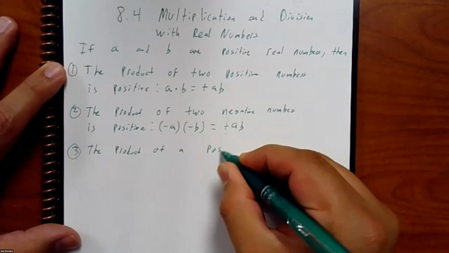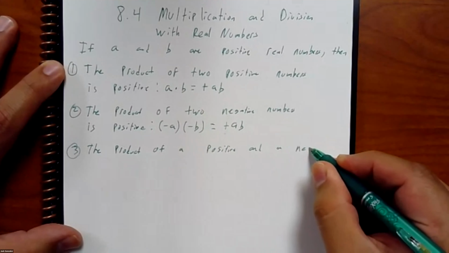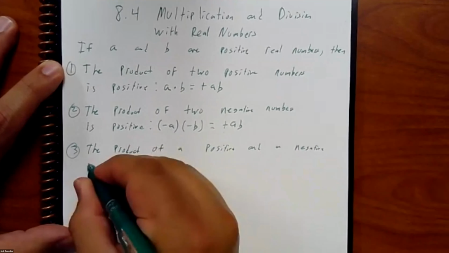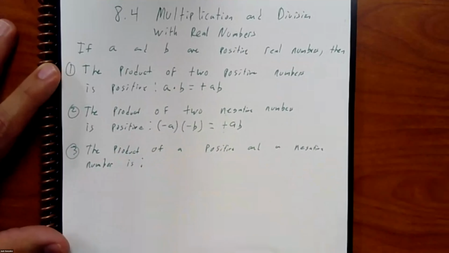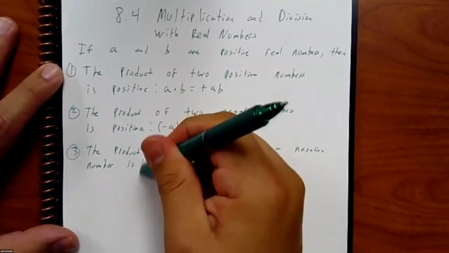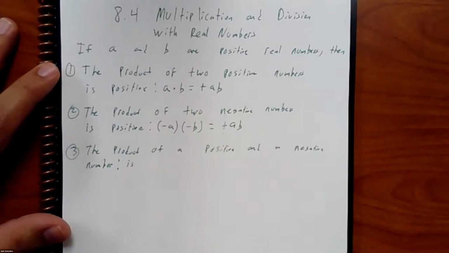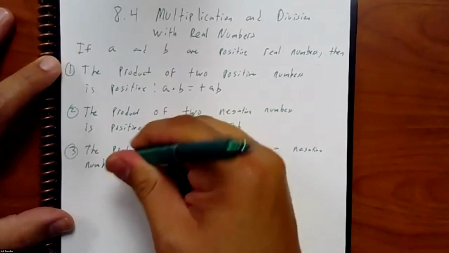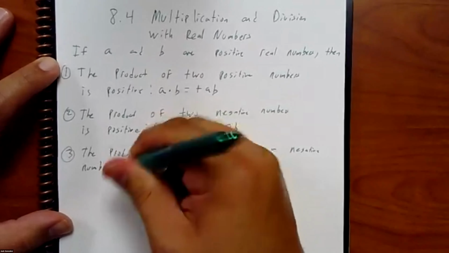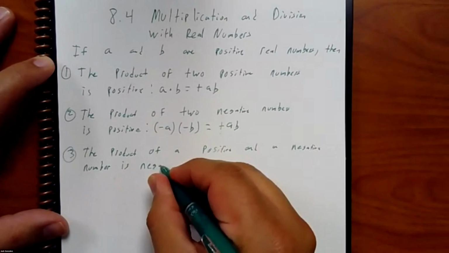of a positive and a negative number is negative.